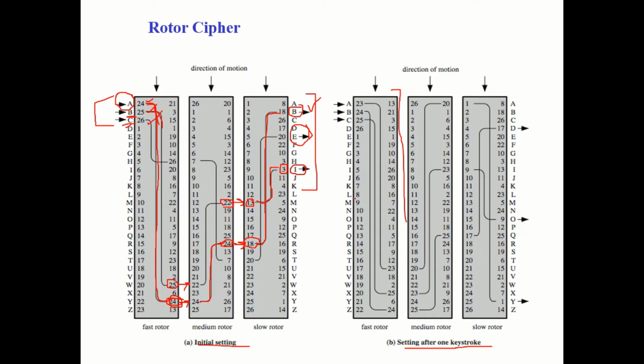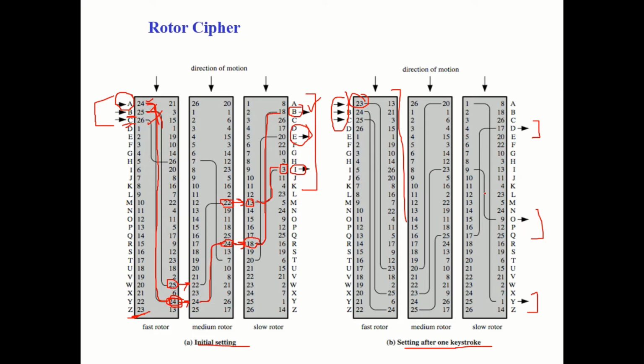So we have rotated it, and this 23 which was at the bottom has come to the top, right? So this is one rotation. Now when we encrypt the same message after one rotation, we will get something else. So here you can see you are getting this D, O and Y as encrypted message. Here we got B, I and E, right?